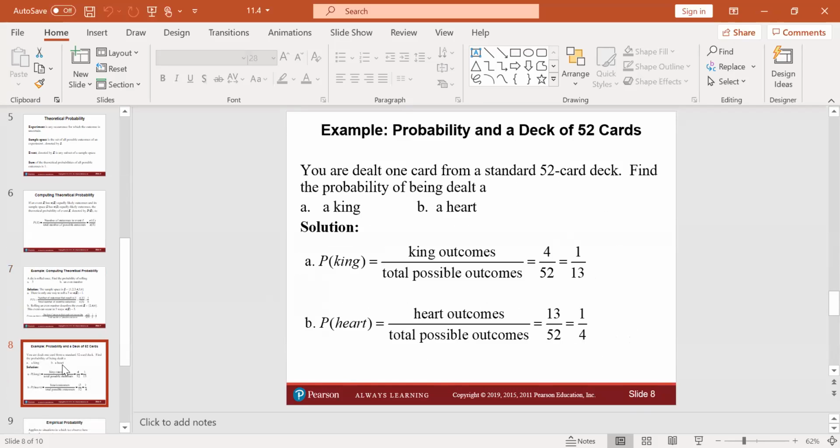A more interesting example involves a deck of cards. If you know this already, you know that a deck of cards comes with 52 cards in it. In fact, a deck of cards is so important that we need to give it its own little focus here. So if you'll permit me a moment to pull up a deck of cards example.